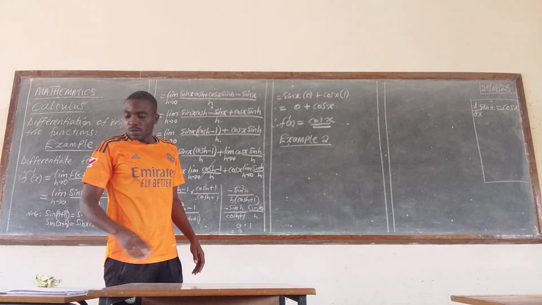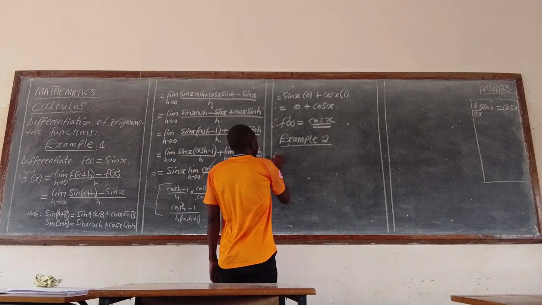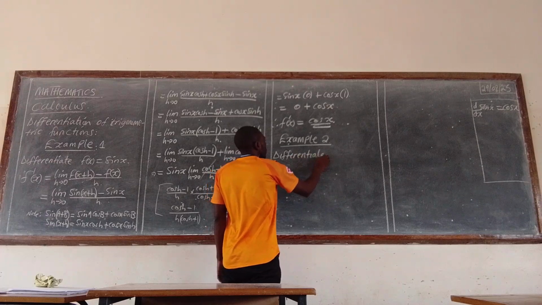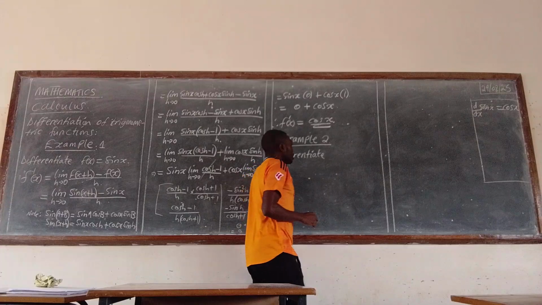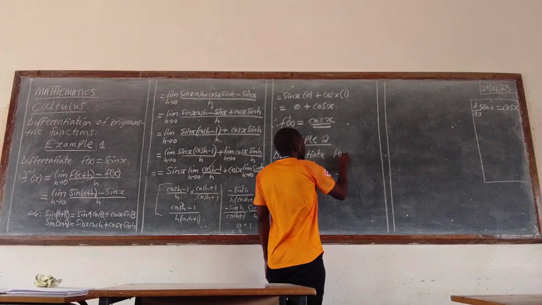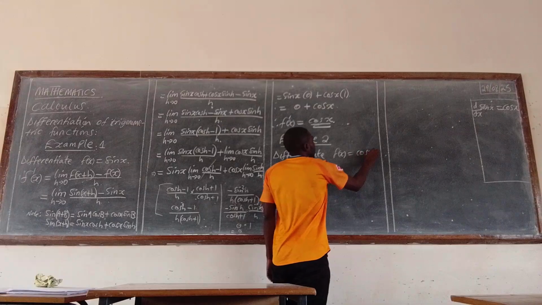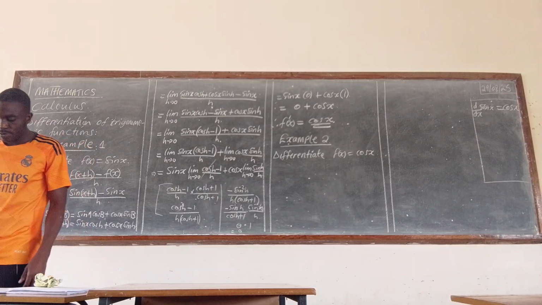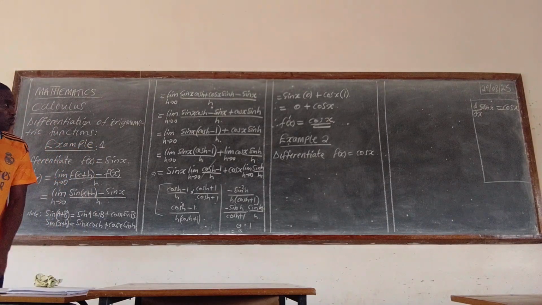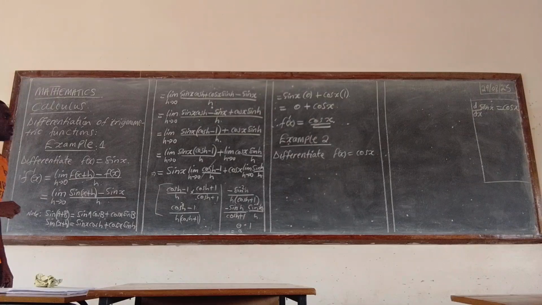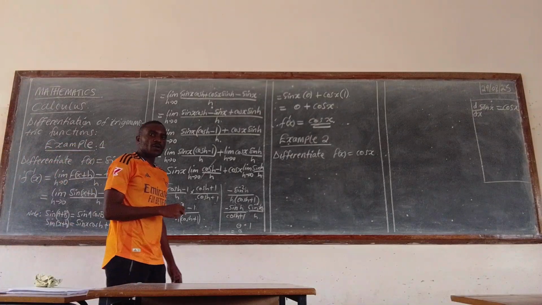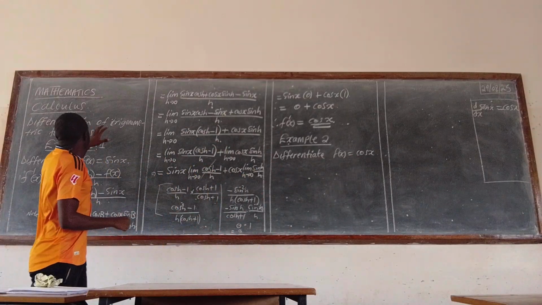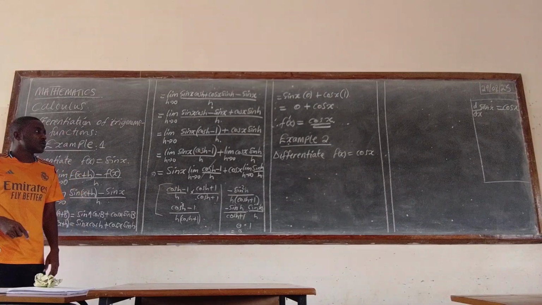Example 2: differentiate f of x, which is equal to cos x. That is another example. Pause just for half a minute so that those who are following can try this one, following the process I used on example 1.